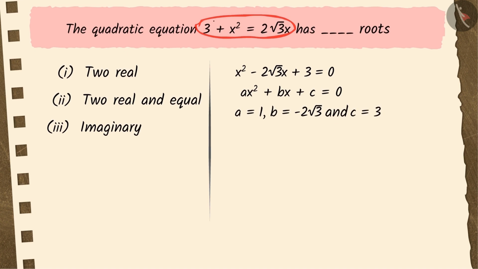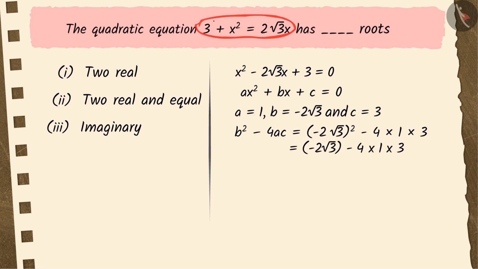In order to know the nature of roots, we have to find the discriminant of the quadratic equation. On substituting the values of a, b, and c in b squared minus 4ac, we get 0. Can you tell what does it mean?